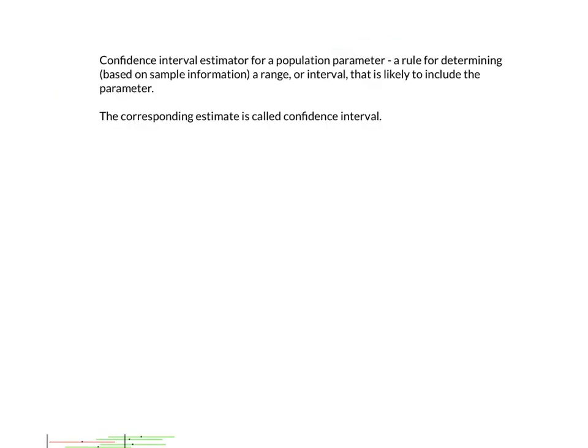A confidence interval estimator for a population parameter is a rule for determining an interval that is likely to include the parameter. The corresponding estimate, so if I apply the rule once, I get what is called a confidence interval.